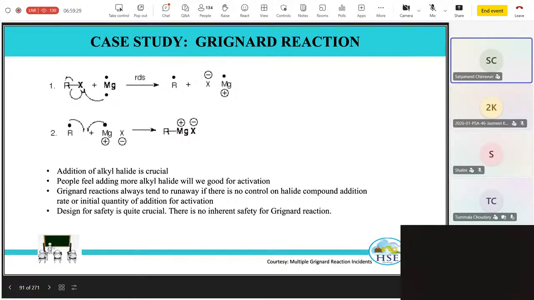Most of these Grignard reactions are conducted using tetrahydrofuran as a solvent, and it boils at 66 degrees. People keep adding alkyl halide, with magnesium turnings inside the reactor. The reaction didn't trigger off, and they keep on adding.